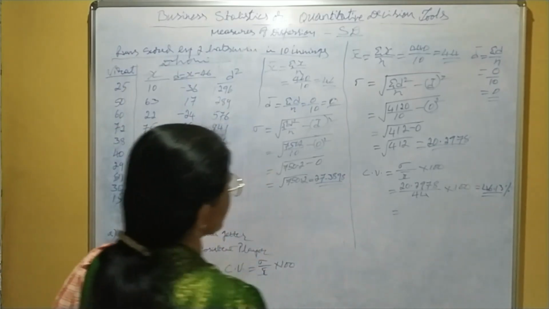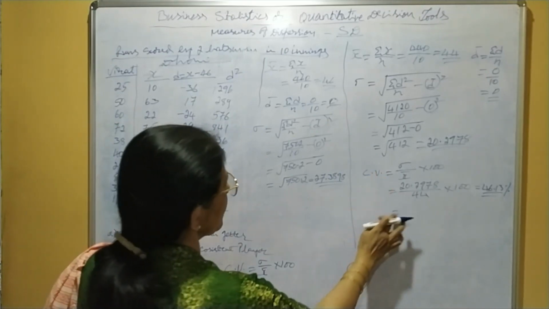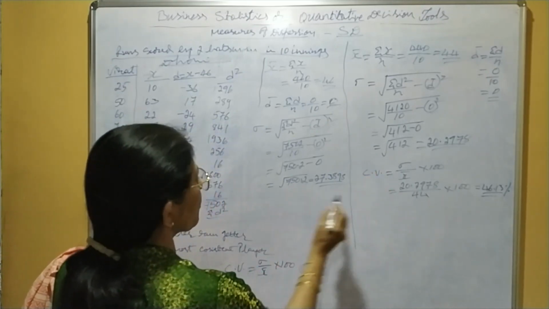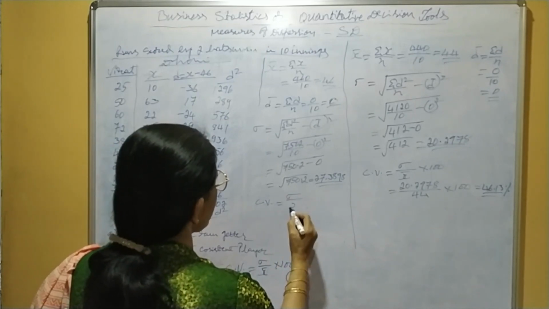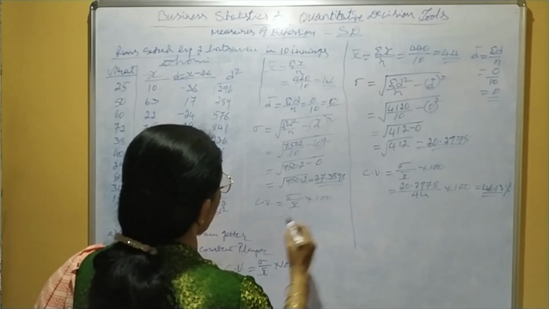27.3898 is the standard deviation. Now we have to apply the formula to find the coefficient of variation. Same formula: standard deviation divided by x bar into 100.